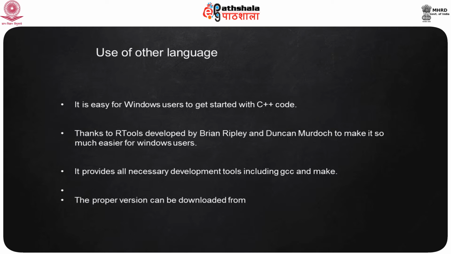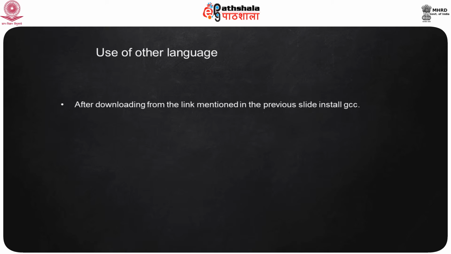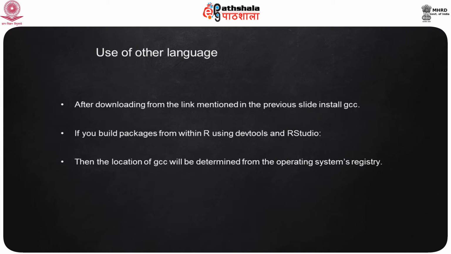The proper version can be downloaded from the link which has been given here, and after downloading you can install it easily. If you build packages from within R using devtools and RStudio, then the location of GCC will be determined from the operating system's registry.